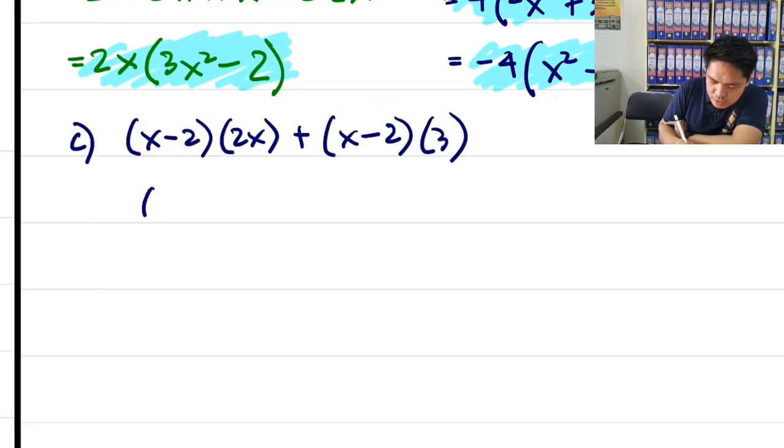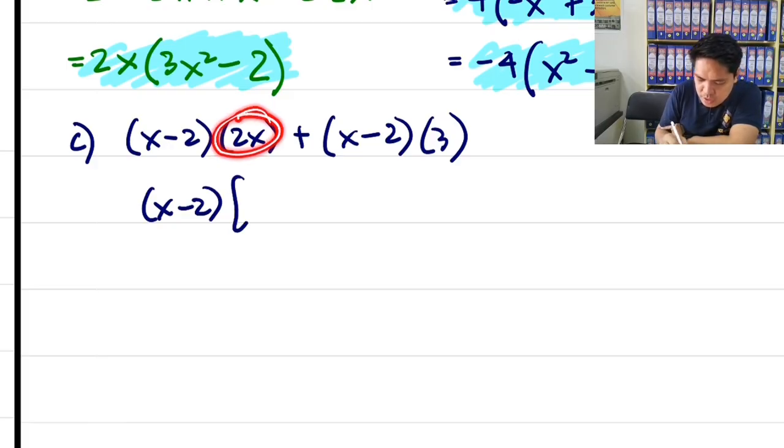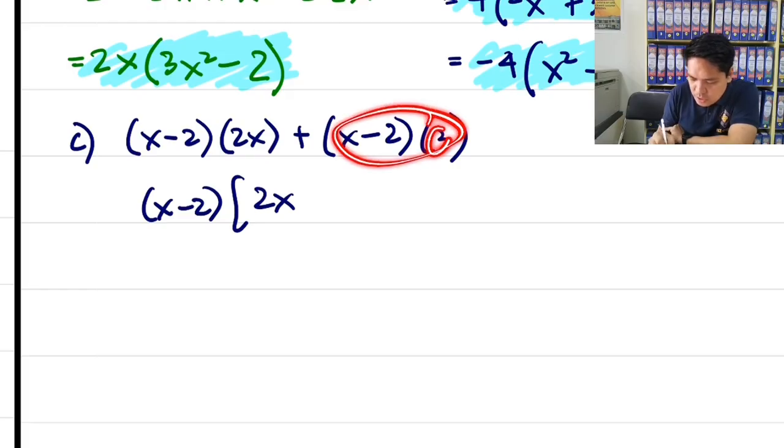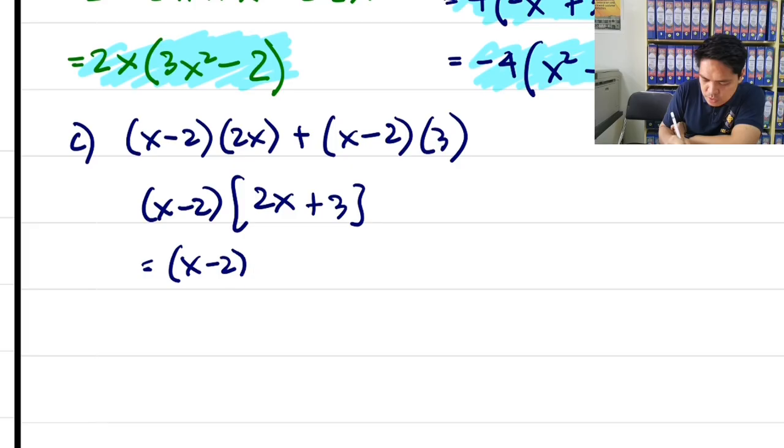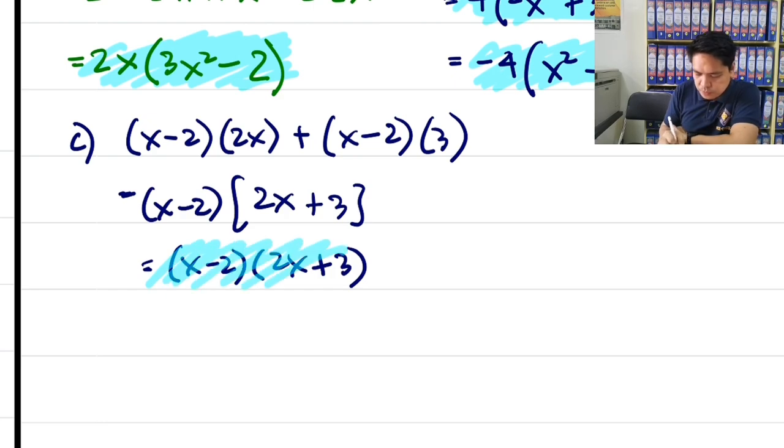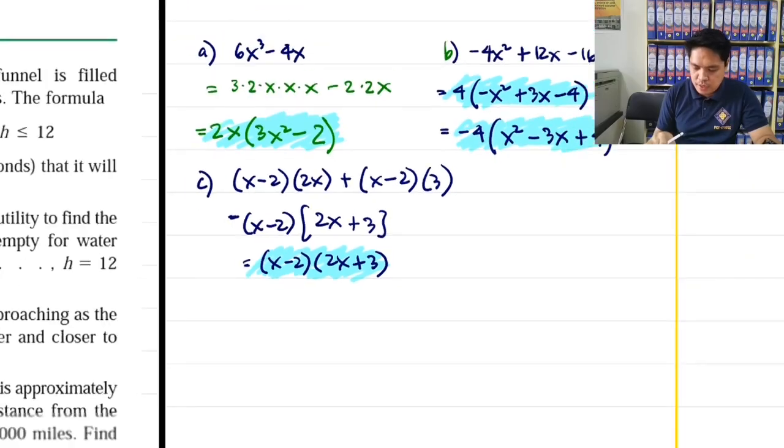If we take out x minus 2, what remains here is just 2x, and what remains here is just 3. Then that is the factor. Ayusin natin: x minus 2, 2x plus 3. So this is the answer. Ganun lang siya kadali. Okay?